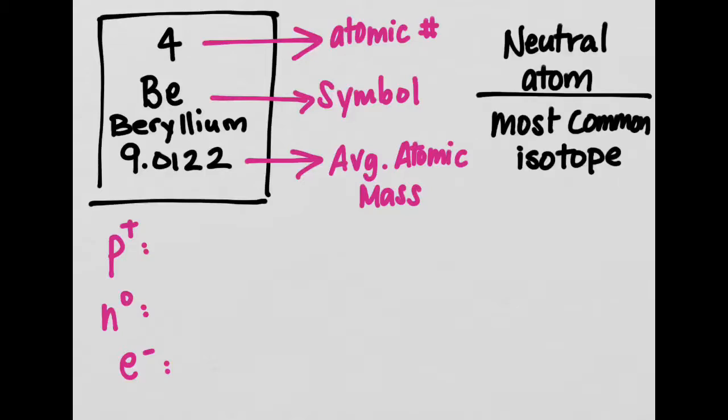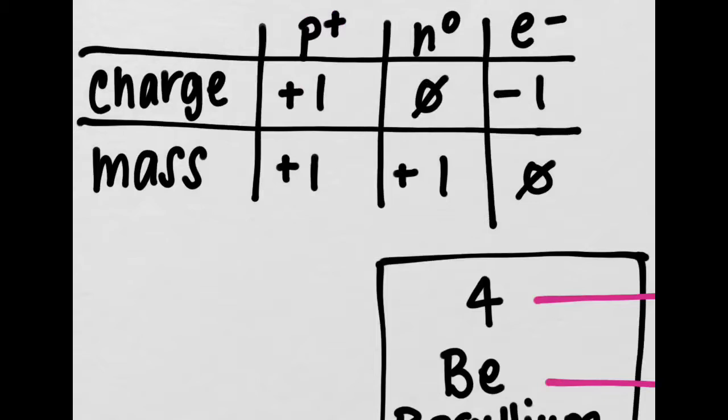So when I say something is a neutral atom, that means that my charge is going to be 0, which means that my number of protons and electrons has to be the same. Remember, going back over here, that my protons have a charge of +1 and my electrons have a charge of -1. And my neutrons don't have any charge at all.